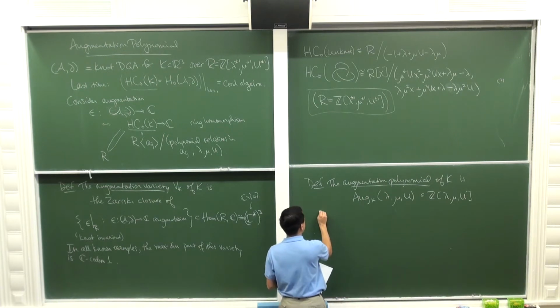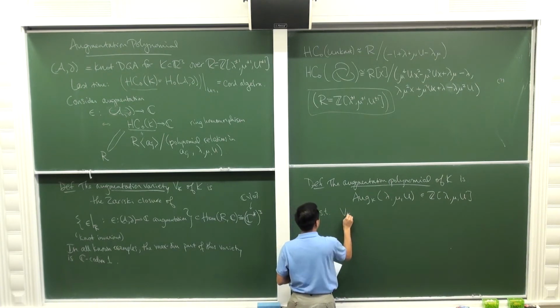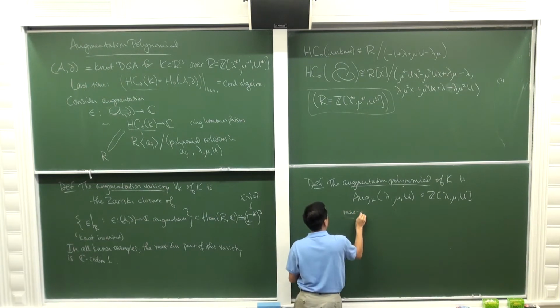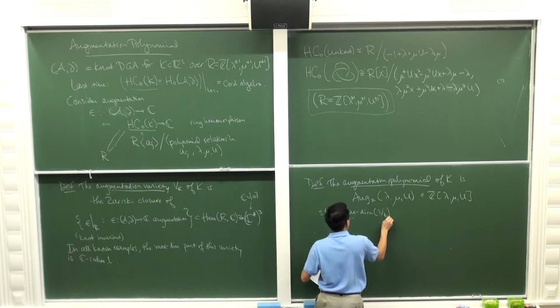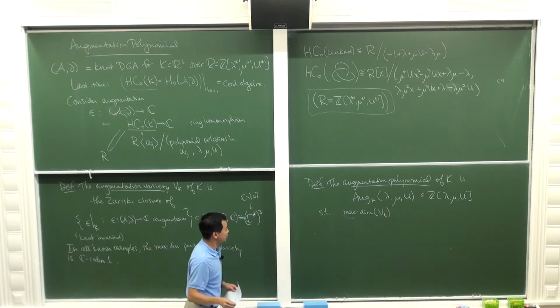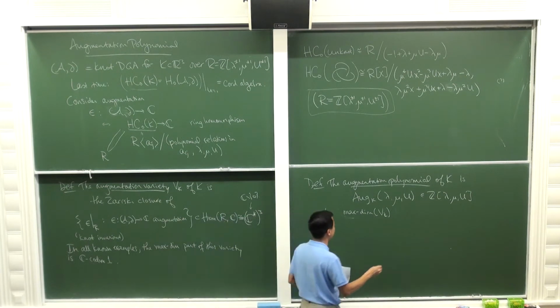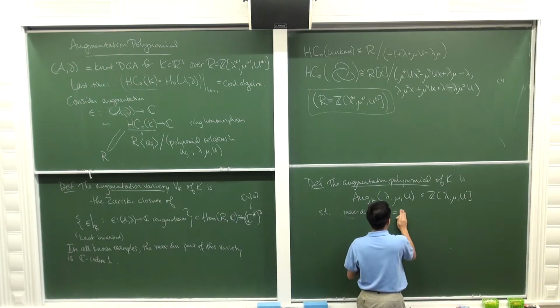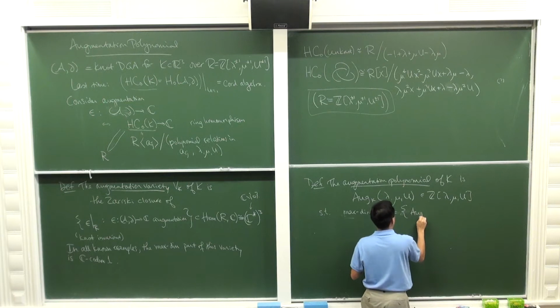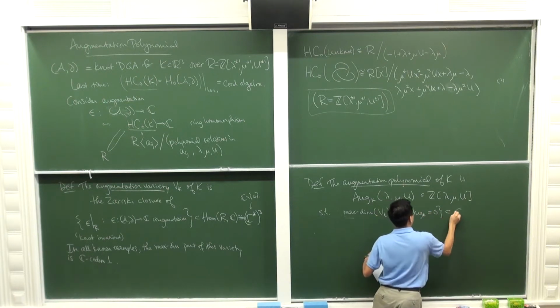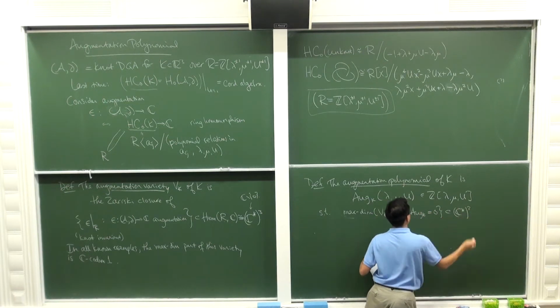It's the polynomial such that the augmentation variety, or the maximal dimensional part, so I'm using completely non-standard notation, but hopefully it's clear what it means, is the vanishing set of this polynomial.